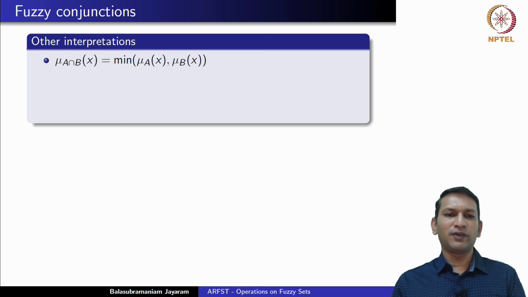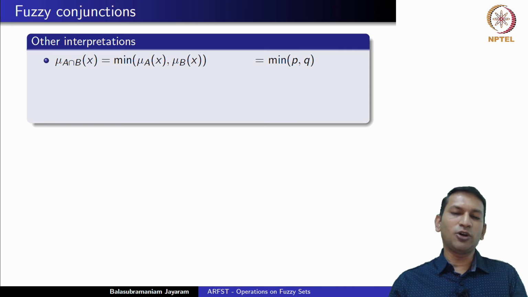Now, this is how we have interpreted conjunction between fuzzy sets: as minimum between the corresponding membership functions. Note that we can write this simply as min of P, Q, where P and Q are values coming from 0, 1. Remember, we are going to interpret operations on fuzzy sets as actually operations on the corresponding codomain, which is the 0, 1 interval.